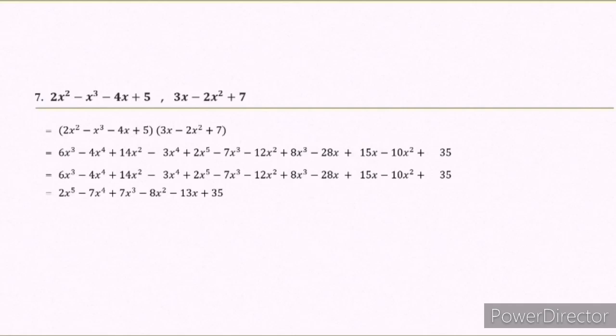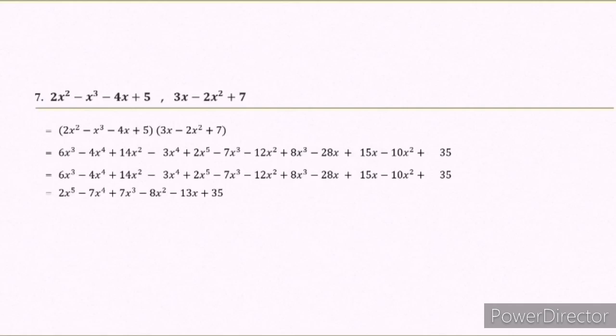Then the next is x cubed times 3x is equal to 3x to the 4th. x cubed times 2x squared is equal to 2x to the 5th. x cubed times 7 is equal to 7x cubed.